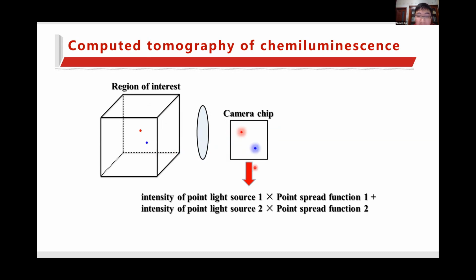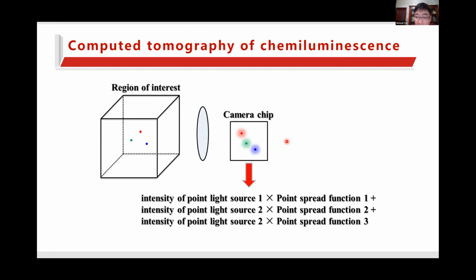If you have a second point, the image on the camera is just the 2 PSFs. And if we have a third one, the final image is a summation of 3 PSFs. If we have an infinite number of point light sources, then we have the flame image on the camera.